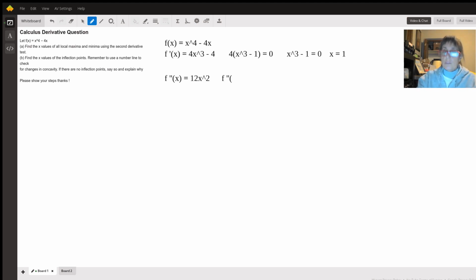So if I do f double prime of 1, I get 12, which is a positive number, which means my graph is concave up, and if it's concave up, it looks something like this, which means that it is a minimum.